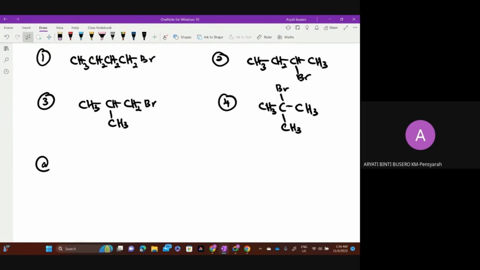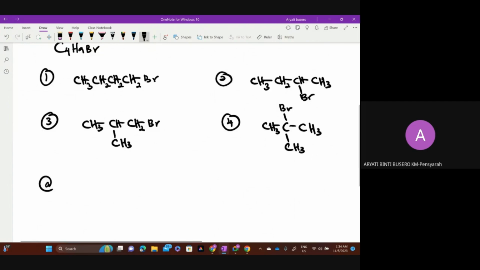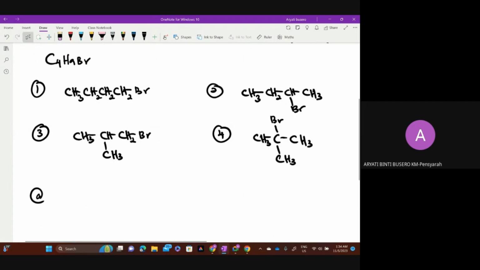Okay, so kita identify the class of haloalkane. So bromine attached to this carbon, primary carbon. So ini adalah primary haloalkane. Bromine attached to this carbon. This carbon is secondary carbon.